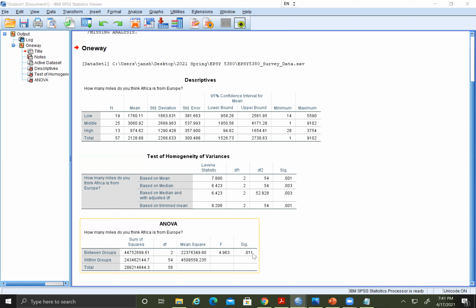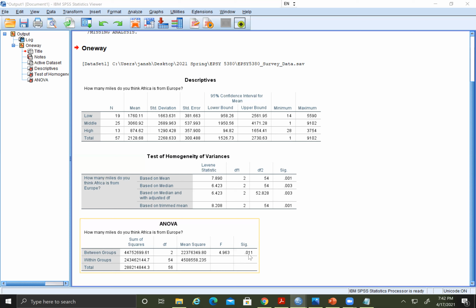When we say reject the null hypothesis, we need to know what the null hypothesis is first, right? So we go back and revisit it. The null hypothesis states that there's no group mean difference, or all the means are the same.